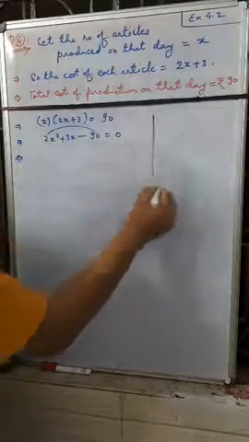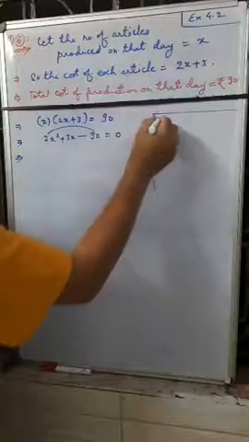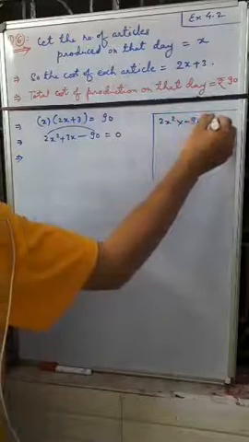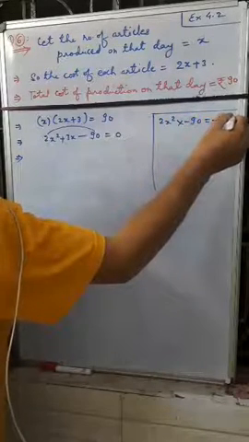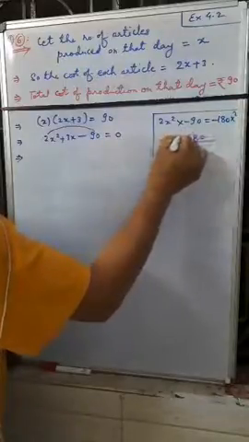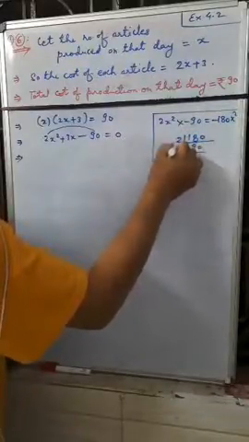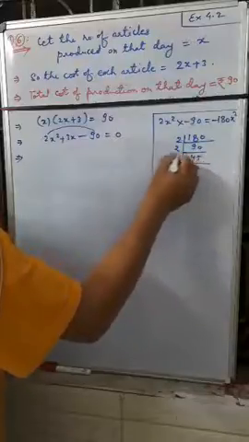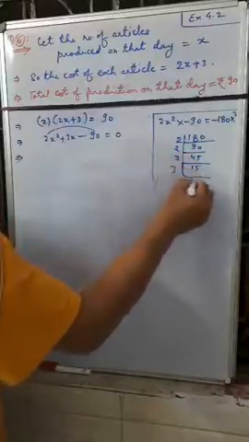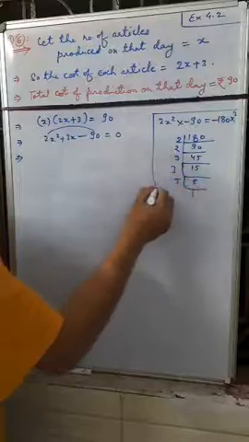First we will multiply here 2x square into minus 90, which is equal to minus 180x square. So now factorize 180. So 180: 2 nines are 18, 2 4s are 8, 3 threes and 3 fives and 5 ones.